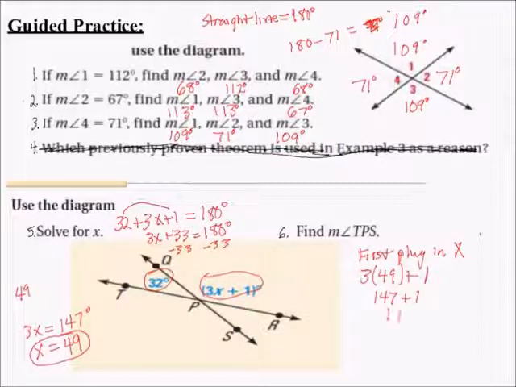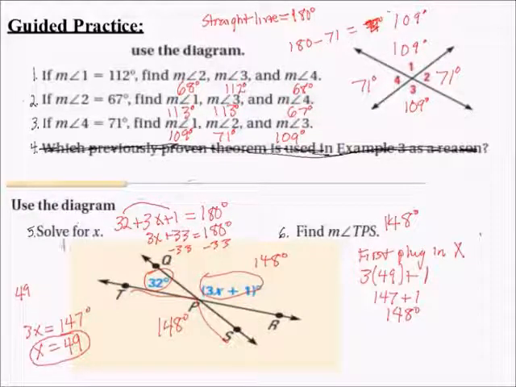So that's 148 degrees. And the reason I wanted to do that is because the vertical angles theorem says if this is 148, then the measure of angle TPS is 148 degrees. So the answer right here is 148 degrees. The answer here is 49.